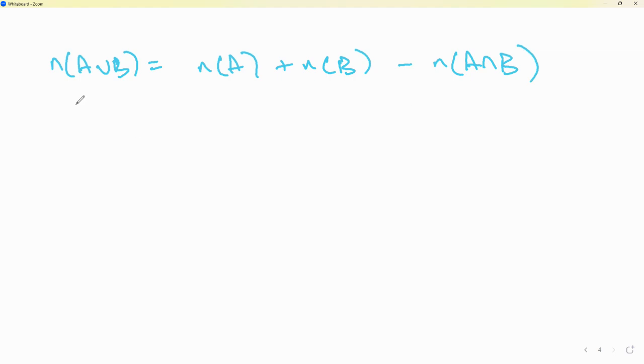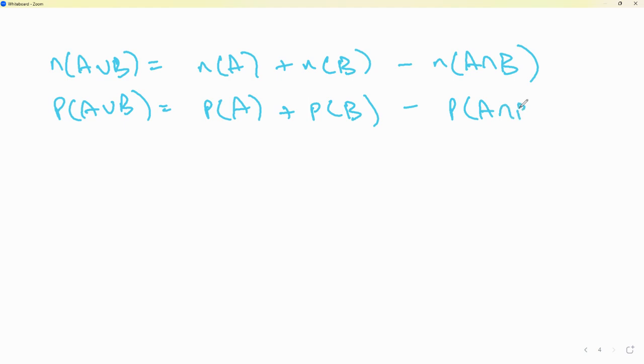All right, so that's where the total number of A or B is equal to the number in A plus the number in B minus the number in the intersection of A and B. The probability of A or B follows the same trend. Probability of A plus the probability of B minus the probability of A and B.